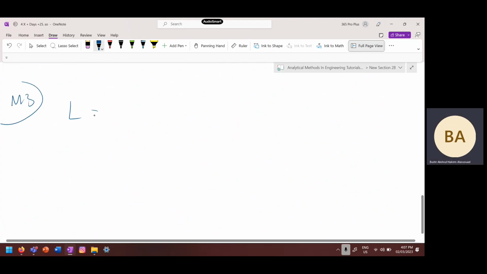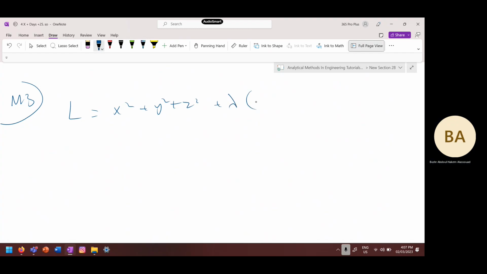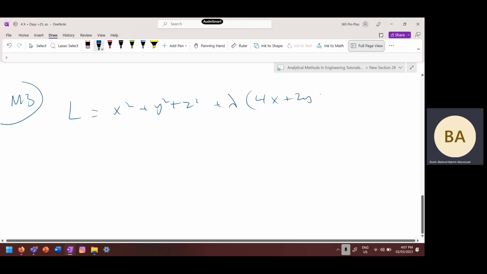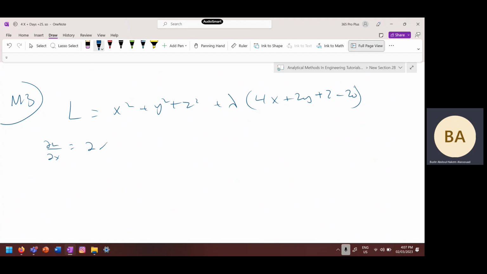Method 3, the Lagrangian. With the cost function first, x squared plus y squared plus z squared plus lambda times the auxiliary here, 4x plus 2y plus z minus 20. Okay, so you have partial L over partial x. You'll have 2x plus 0 plus 0.